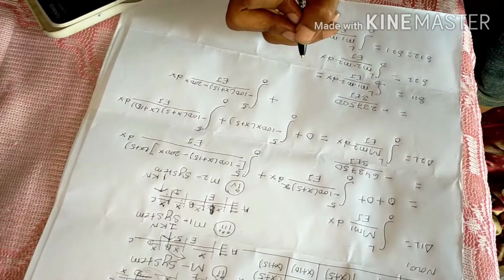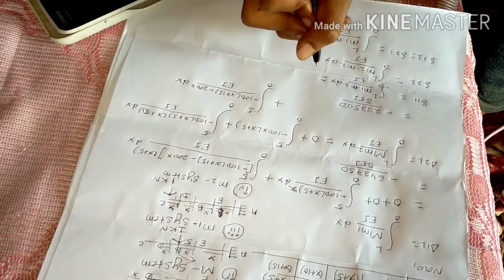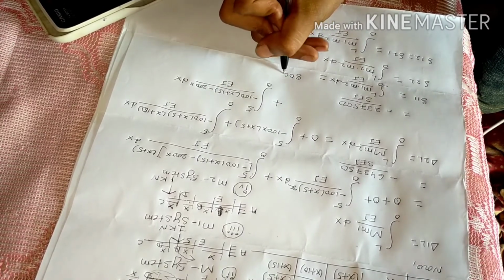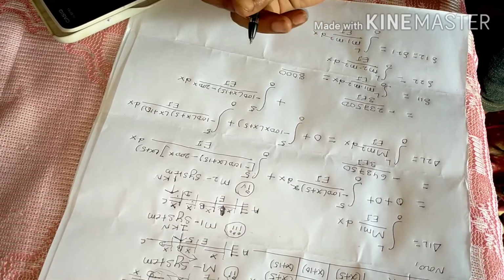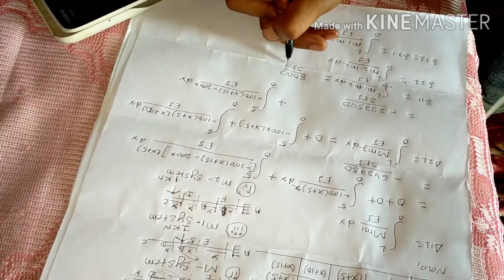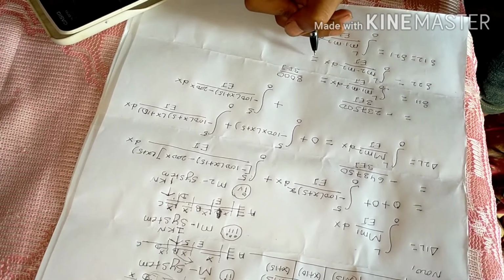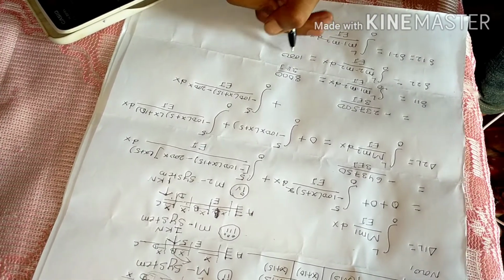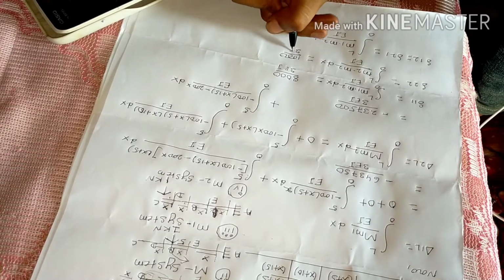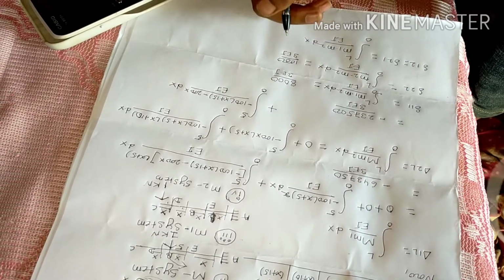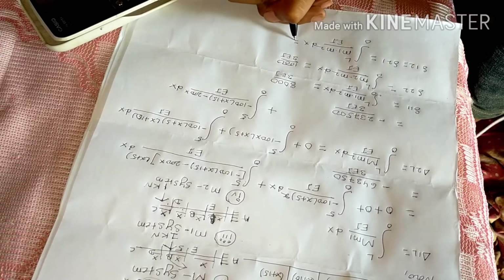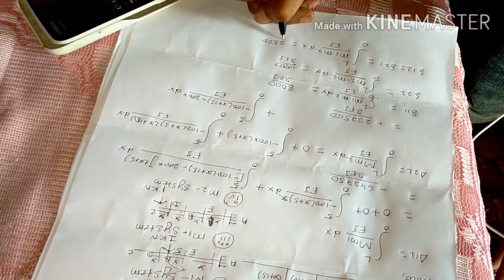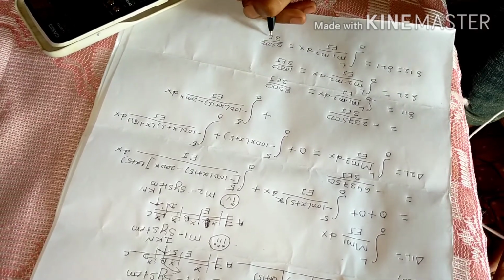On calculating, we get del 11 is equal to 8000 divided by 3 EI, del 22 is equal to 1000 divided by 3 EI, and del 21 is equal to 2500 divided by 3 EI.